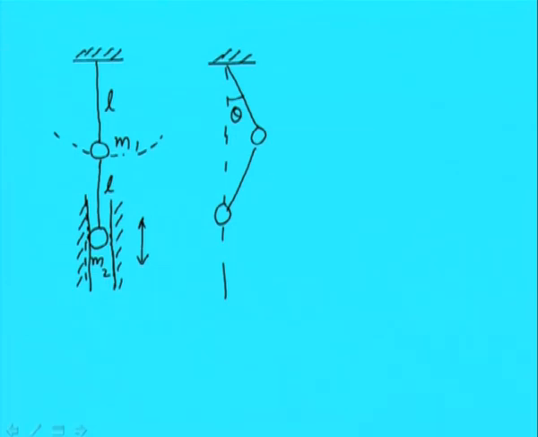Now you can see that the lower pendulum has moved here, because this particular mass m2 can go on this line only, but this particular mass m1 is free to revolve in a circular path.